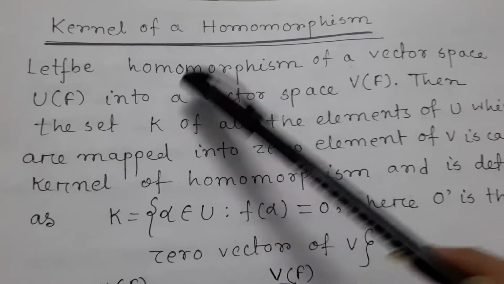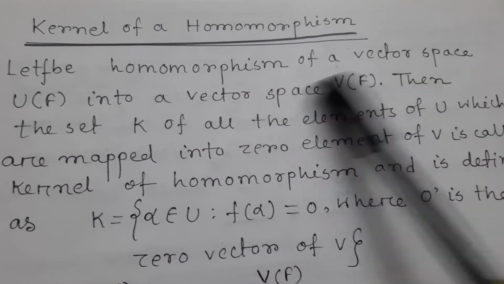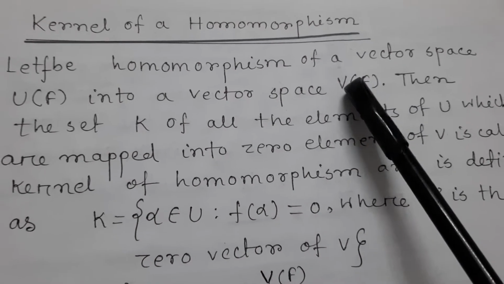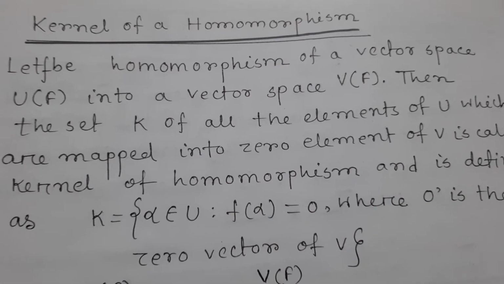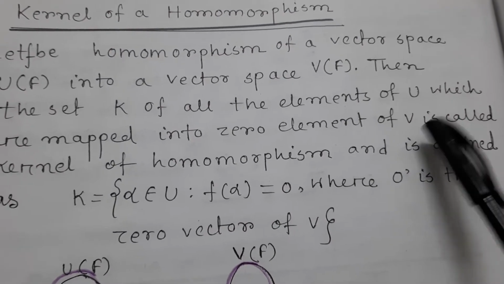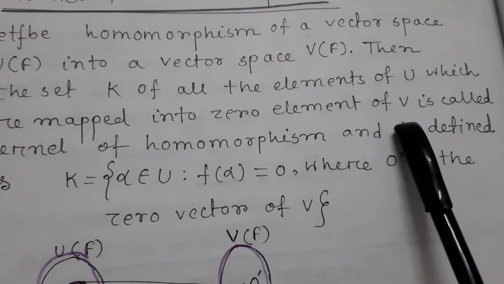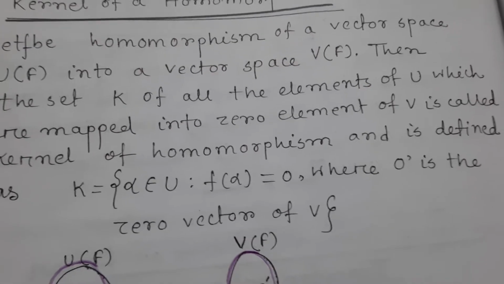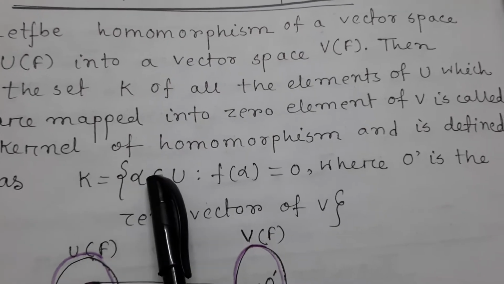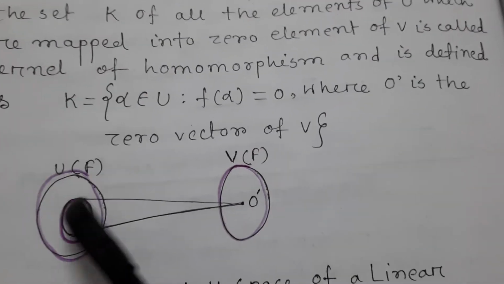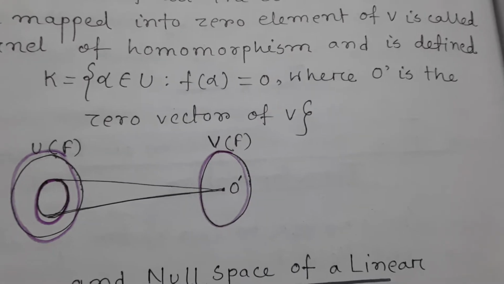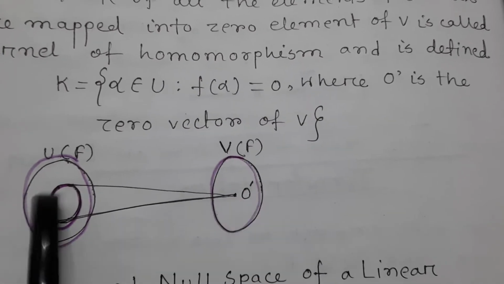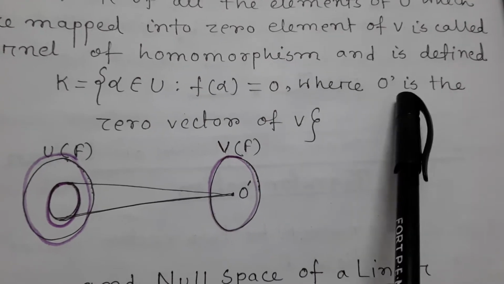Let f be a homomorphism, that means a mapping of a vector space U(F) into a vector space V(F), U to V. Then the set K of all the elements of U which are mapped into the zero element of V is called the kernel of the homomorphism and is defined as K equals the set of all alpha belonging to U such that f of alpha equals 0, where 0 is the zero vector of V.